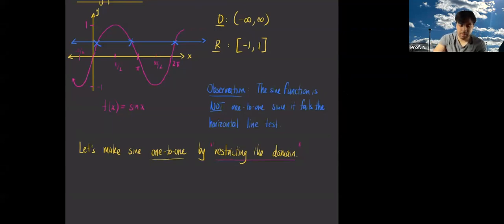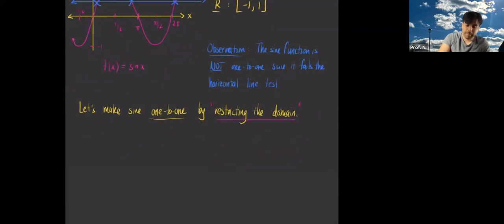What in the world does that mean? That means that from the whole domain, I'm going to take one interval, restrict it to one interval. Now, we're going to restrict the interval between pi over 2 and negative pi over 2. And you'll see why.